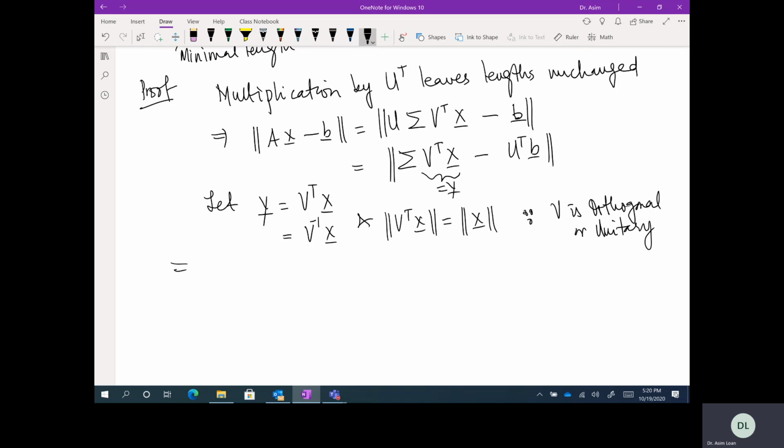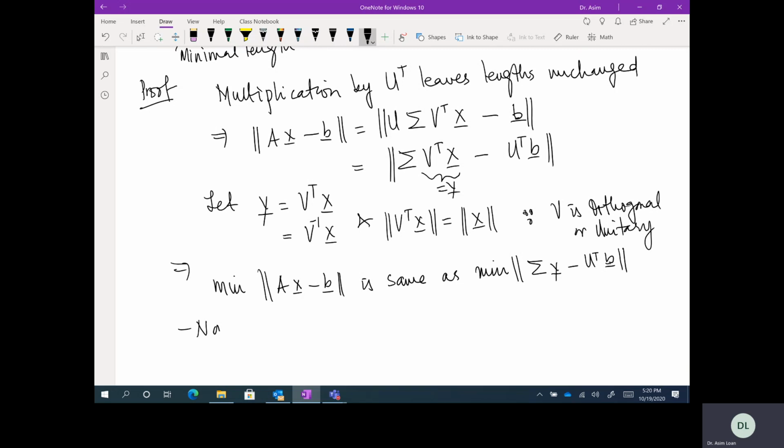So this implies the minimum of Ax minus b is the same as the minimum of sigma y minus U transpose b.